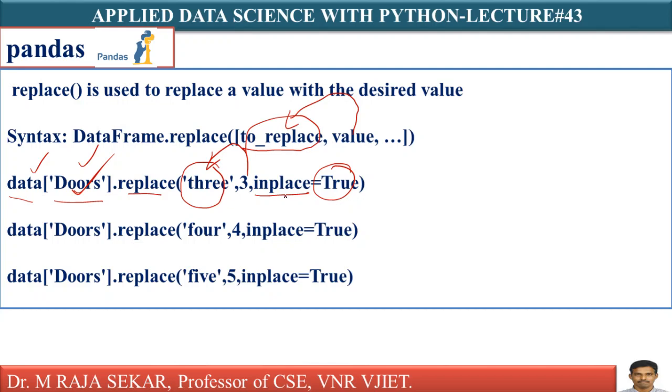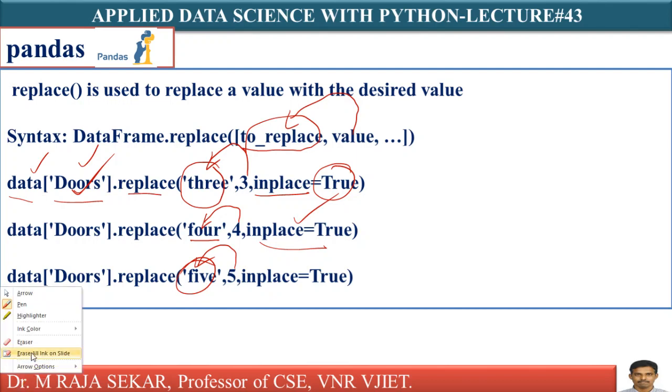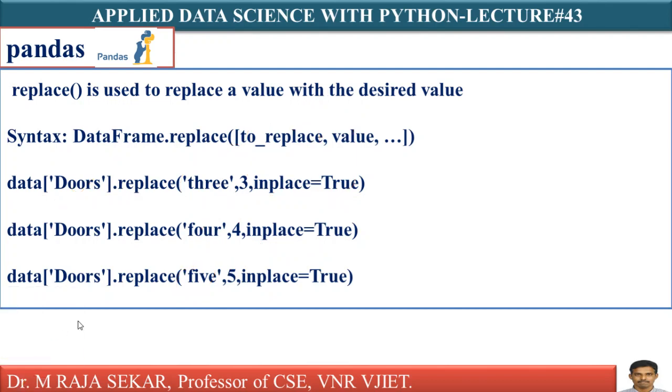In a similar manner, 'four' is replaced by digit 4, with inplace equal True, so the original data frame column will be affected. In a similar manner, 'five' will be replaced by 5, and inplace equal True means the original data frame will get affected with these modifications.